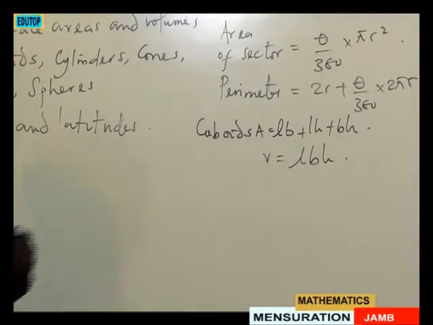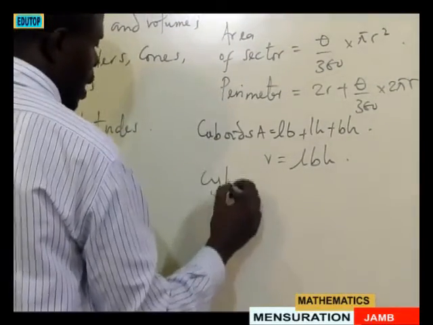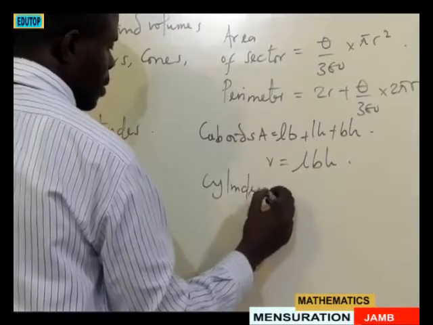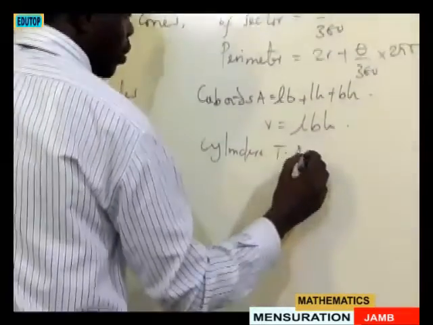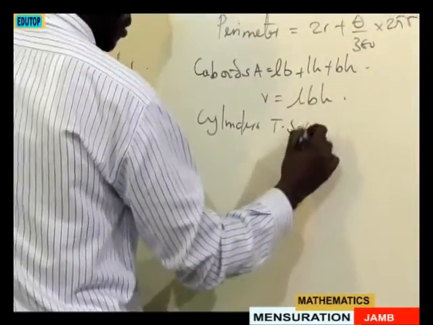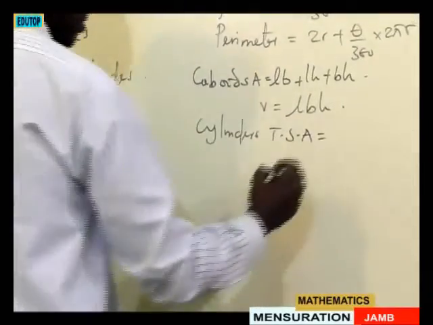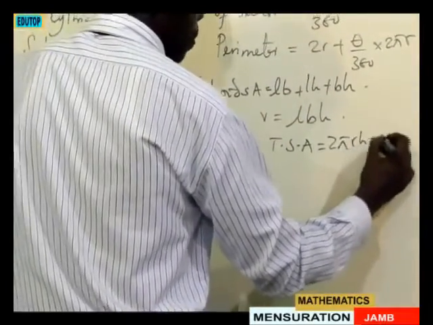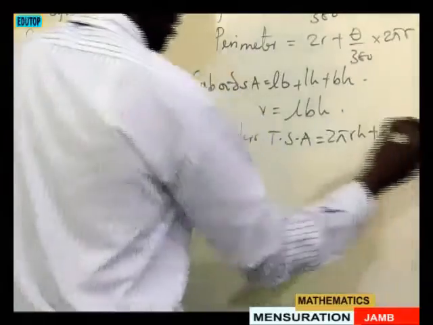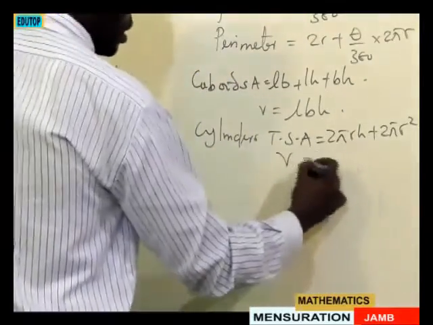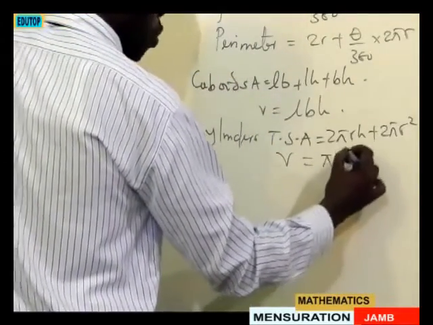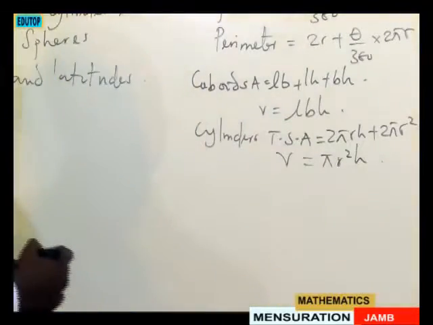Then for cylinders, total surface area, that's TSA, is equal to 2 pi RH plus 2 pi R squared. Take note of that. Then the volume is pi R squared H. Take note of that.